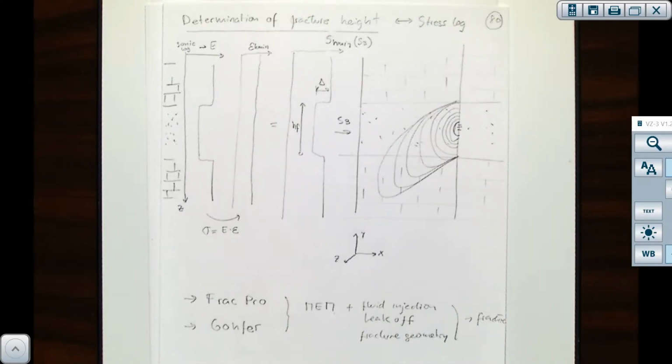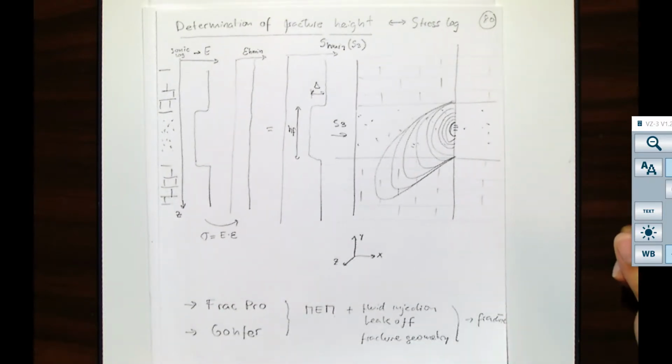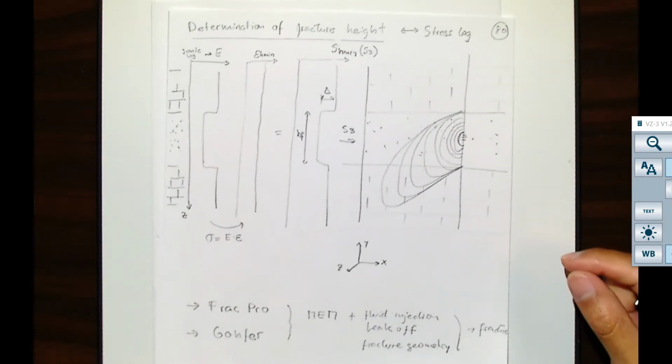Oh, by the way, I added a link to Scott Sheffield's lecture, in case you didn't see it or if you want to watch it again. That day or the day before, I talked to Scott Sheffield. He was telling me that in the Permian they are using less and less the conventional service companies for fracturing, like Schlumberger or Halliburton, and there are more local, small to medium size companies doing the fracturing.